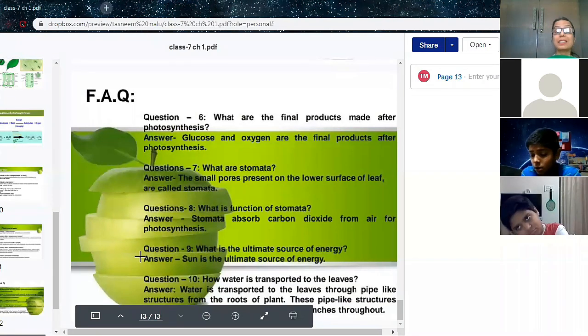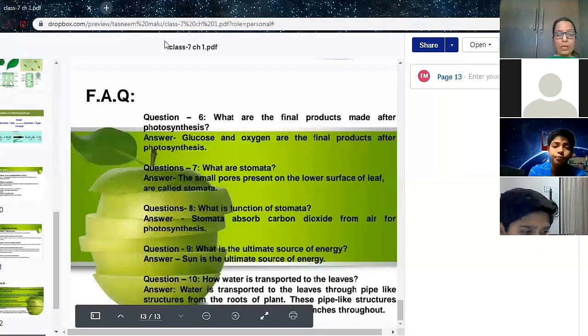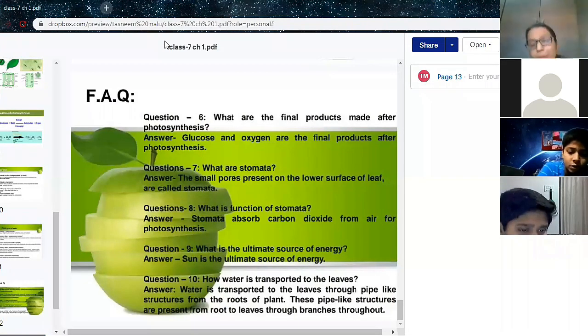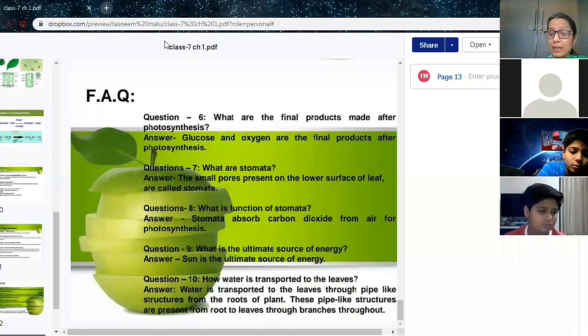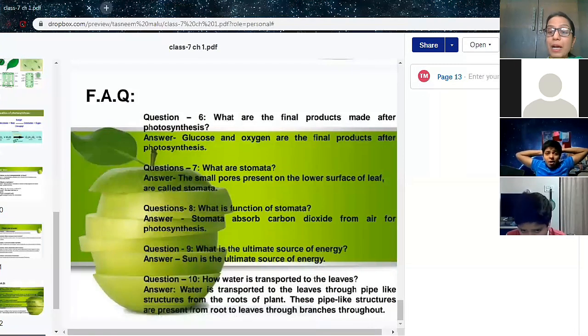Now, how is water transported to the leaves? Water is transported to the leaves through pipe-like structures from the roots of the plants. Water and minerals are absorbed by the roots of the plants, but leaves are present on the aerial parts. So from roots, how does water get transported to leaves? There are certain channels, pipe-like structures present in plants.